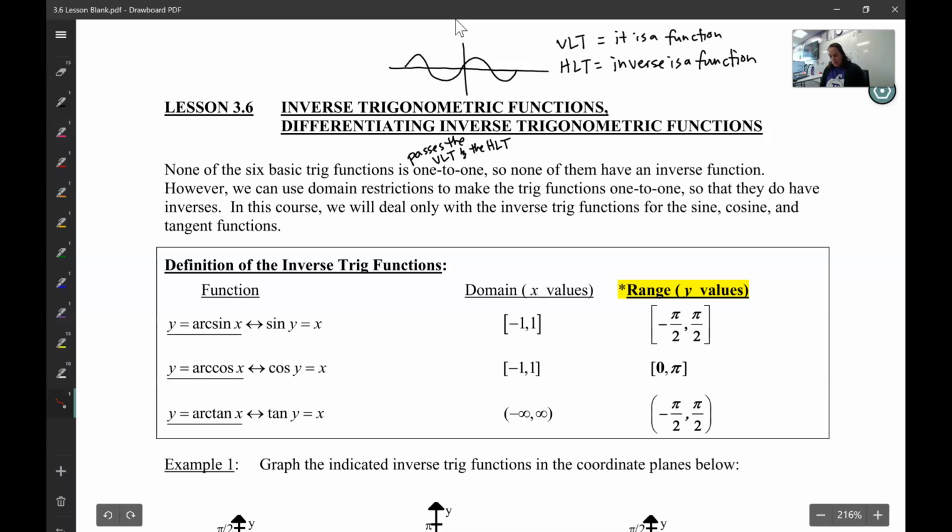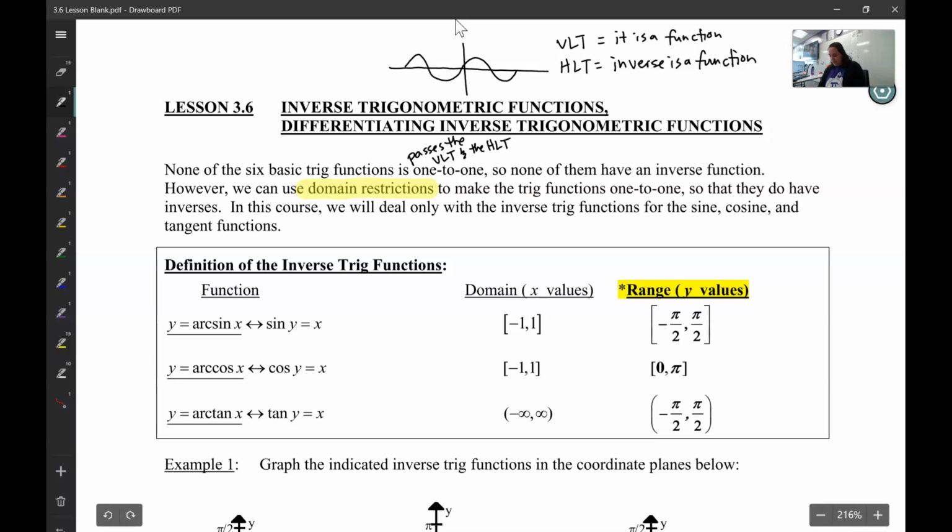So this one does not pass the horizontal line test, so the inverse is not a function, which is a problem. We like things to be functions, because if they're functions, they follow certain rules and then we can do stuff with them. So generally what we do in that instance is what's called a domain restriction. We restrict the domain to only a certain section so that then it actually is one-to-one.